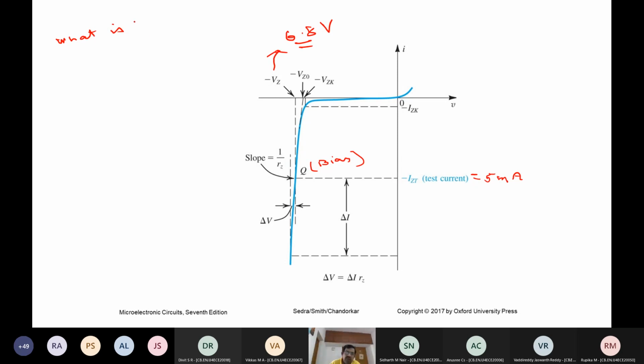So what is the actual operating current through the Zener?